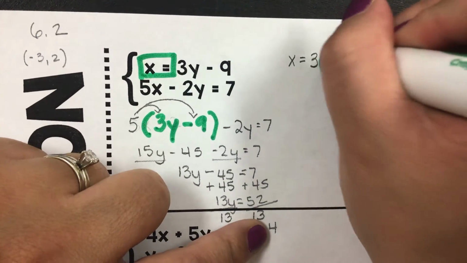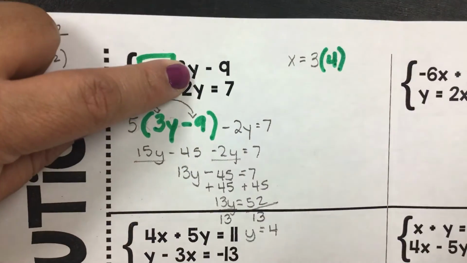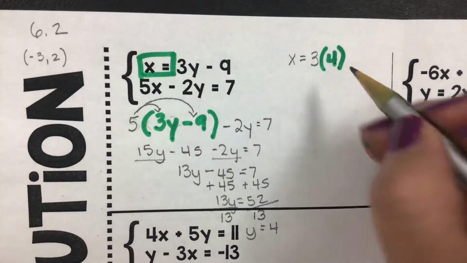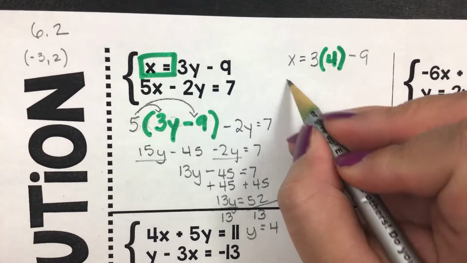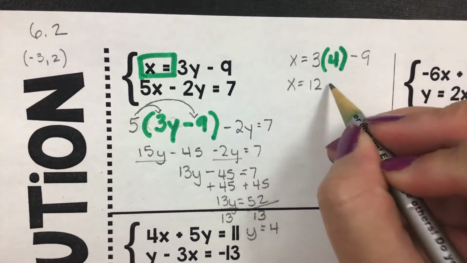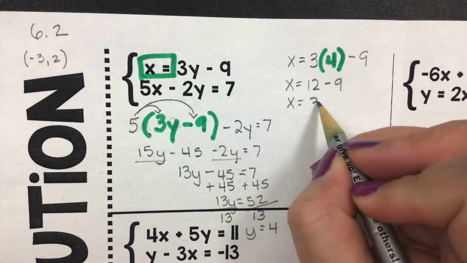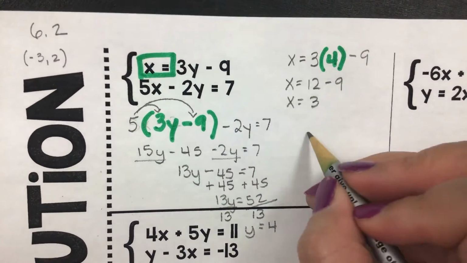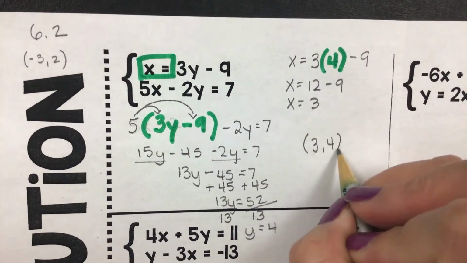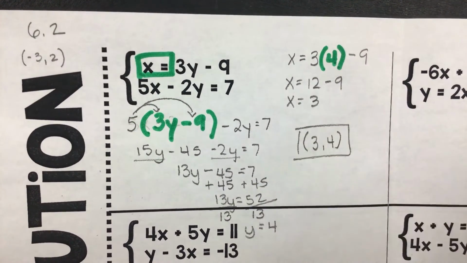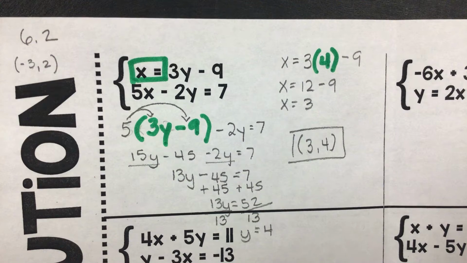So we're going to substitute in 4 for that y variable, and then minus 9. x is equal to 12 minus 9. x is equal to 3. That means that we have the ordered pair 3, 4 as that intersection on the graphs. And that is the solution to the system of equations.